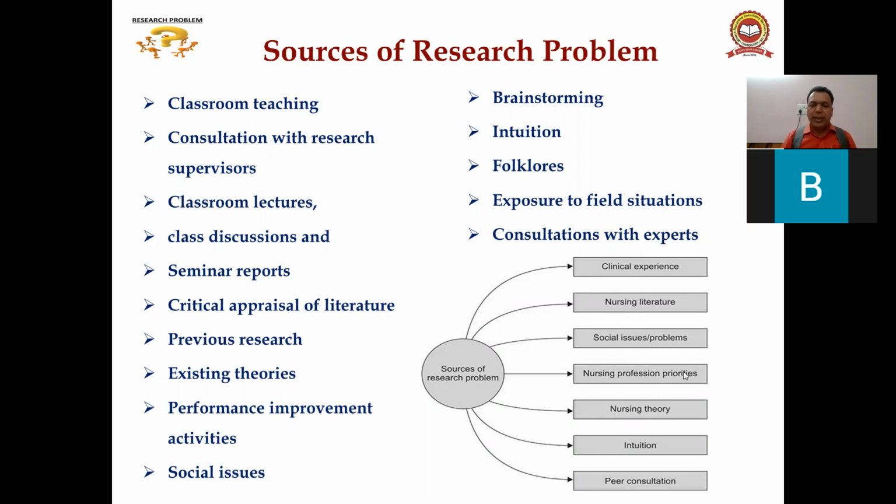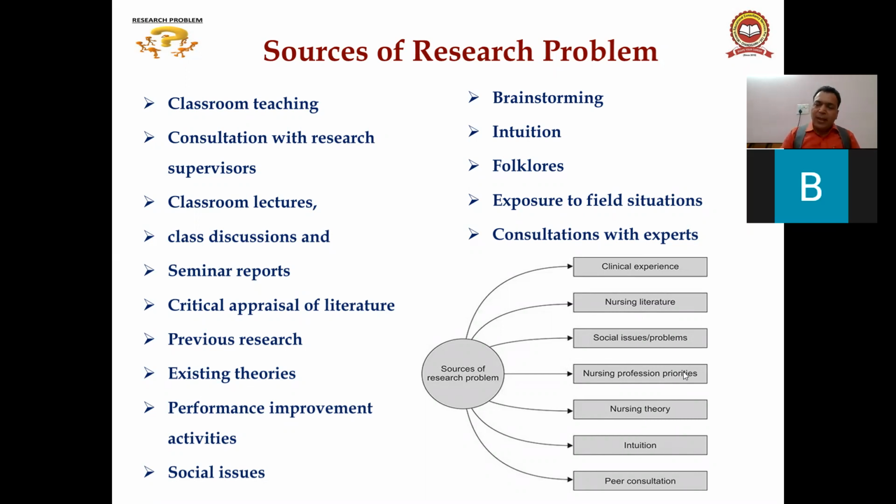As a scholar, from where you have to collect the research problem: previous research, existing theories, social issues. Last line dekhiye, social issue. There are a lot of social issues, like female feticide. Whatever the social issues, they can become your sources of research problem.